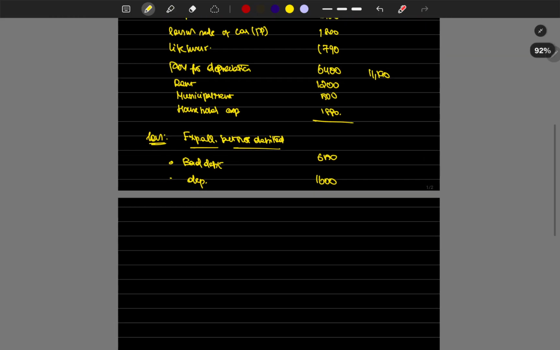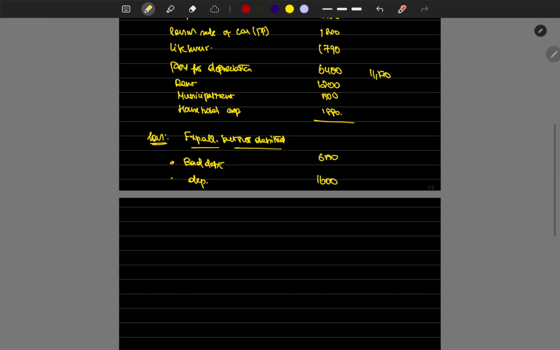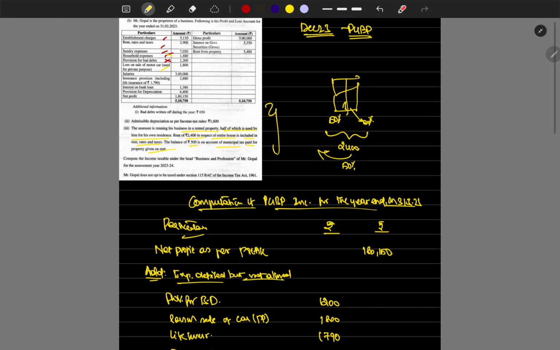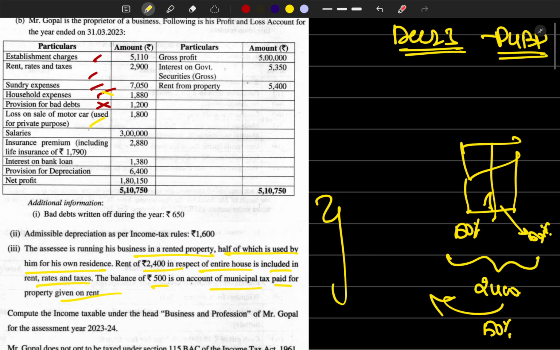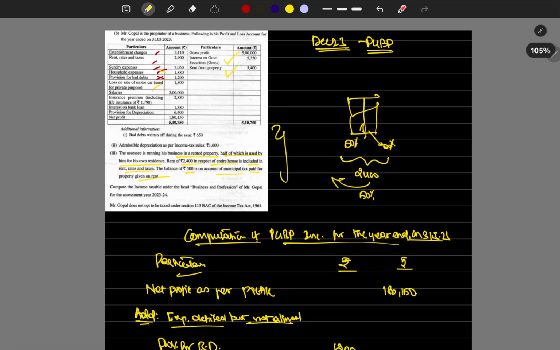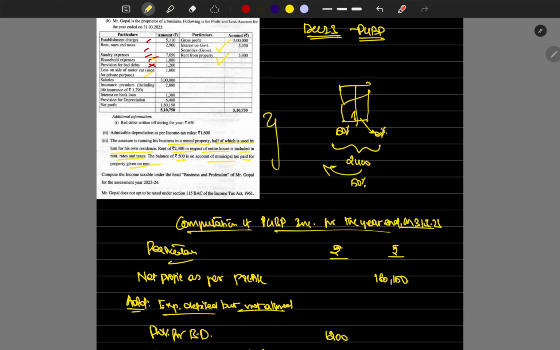Now we have removed the allowed expenses, which are bad debt and depreciation, and other incomes should also be removed from here: interest on government securities, which is IFOS, and rent from property, which is IFHP, 5,350 or 5,400.